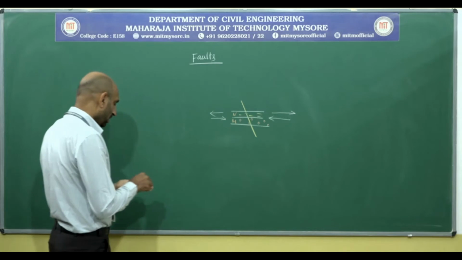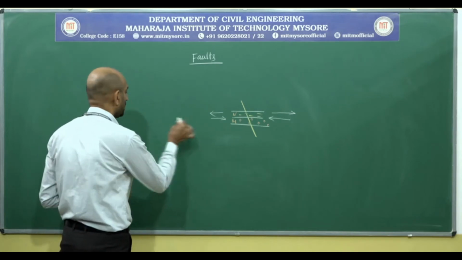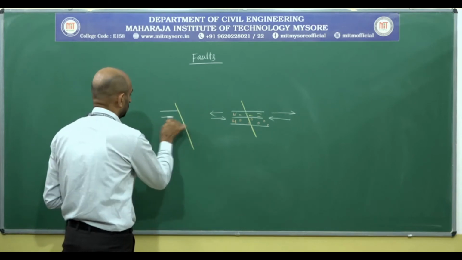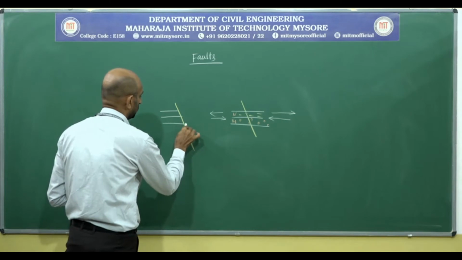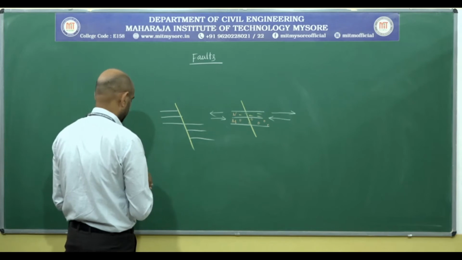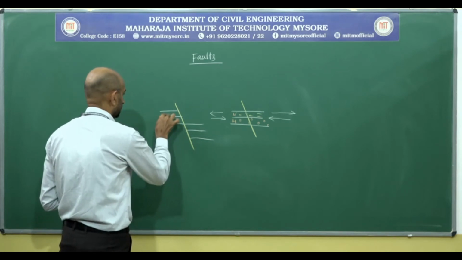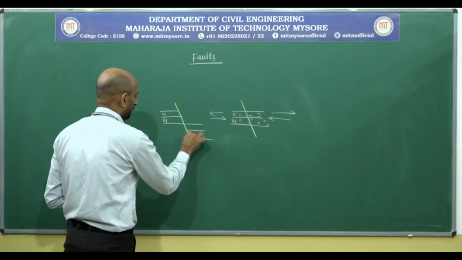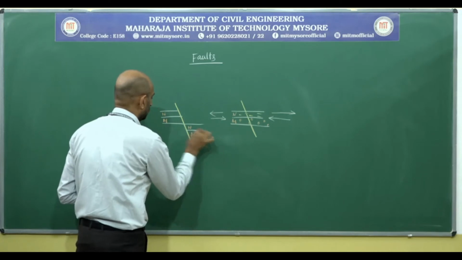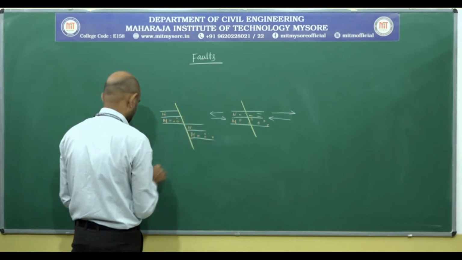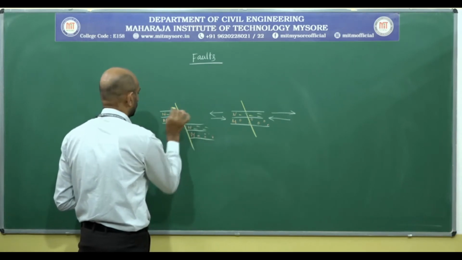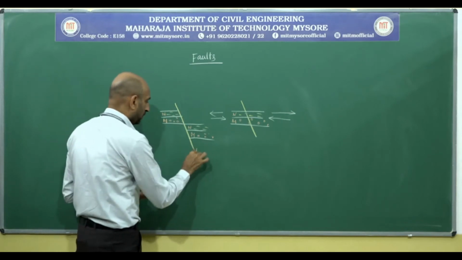How does it appear after the displacement? This is M bed, this is N bed. This is the first formed bed, the next formed bed is N. This one is the fault plane.